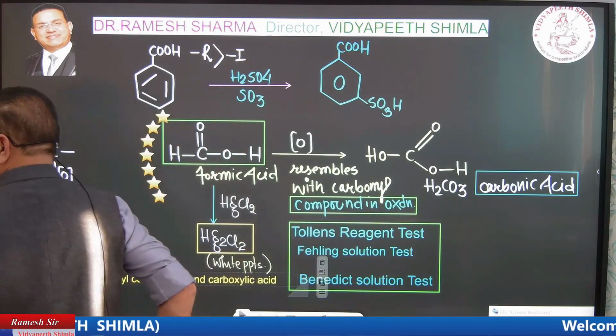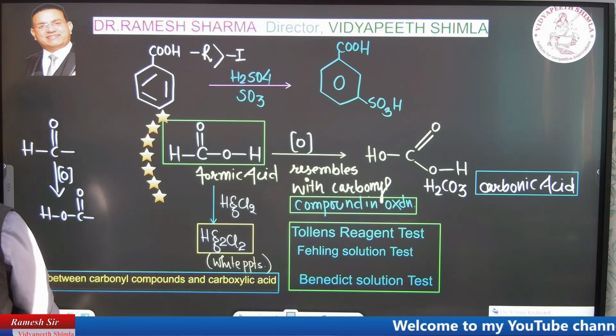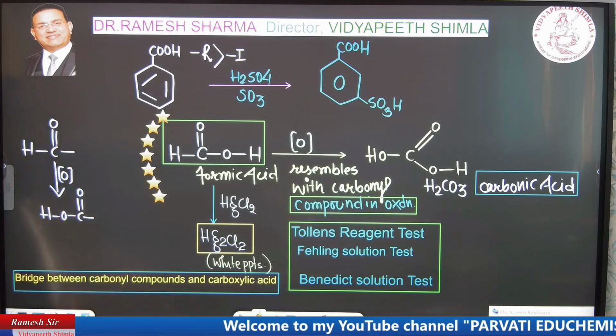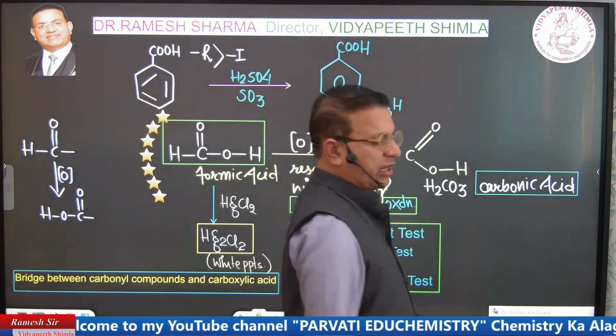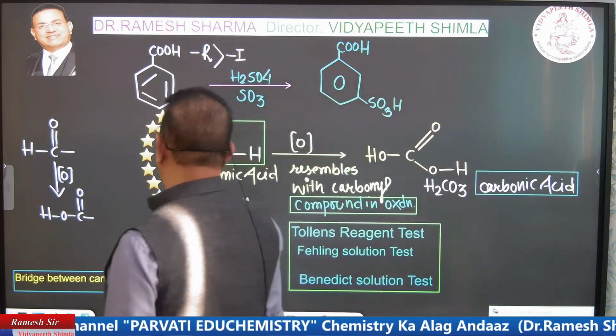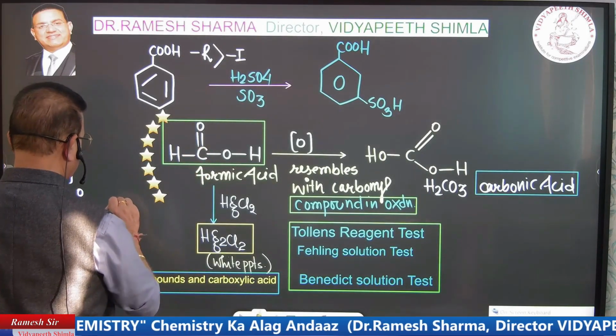It is only in oxidation behavior that it resembles carbonyl compounds, but in the rest of the properties it resembles carboxylic acids. Whether in boiling point, melting point, or types of reactions, this resembles carboxylic acid.